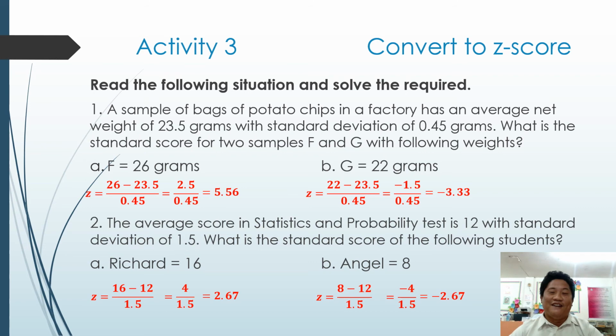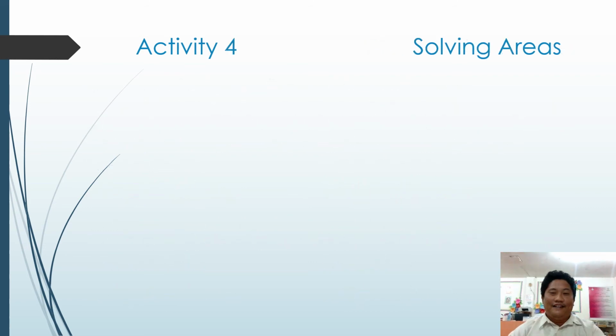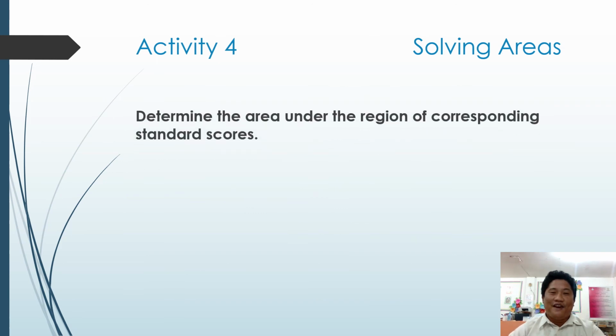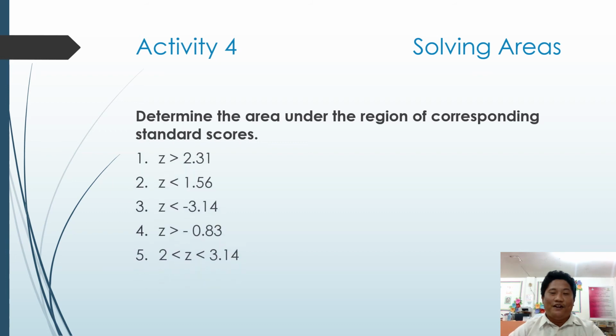Now you're ready. Let's move on to the next activity. Activity 4, solving areas. Determine the area under the region of the corresponding standard scores. We have here 5 items.